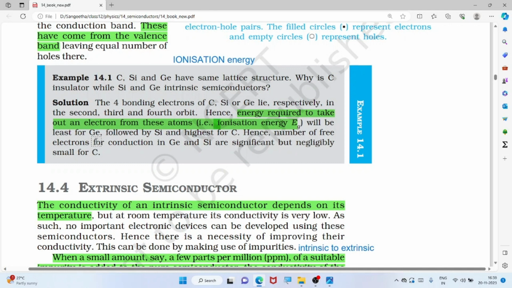So when the orbit goes up, it requires less energy to free the electrons. Carbon has its valence electrons in the second orbit, so it requires more energy to free the electrons. Hence, the transfer of electrons to the conduction band in germanium and silicon is significant, but negligibly small for carbon.